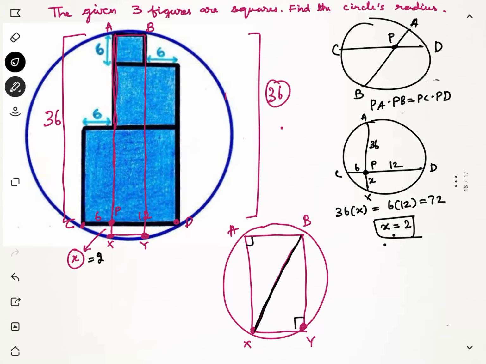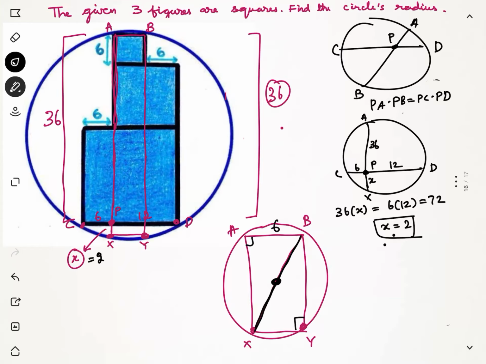Because it's a rectangle, angle A is 90 degrees, angle Y is also 90 degrees. BX is a chord which is subtending an angle 90 degrees on the left side of the circle and also on the right side of the circle. If a chord is subtending 90 degrees, that can only be a diameter. So this BX is going to be the diameter.